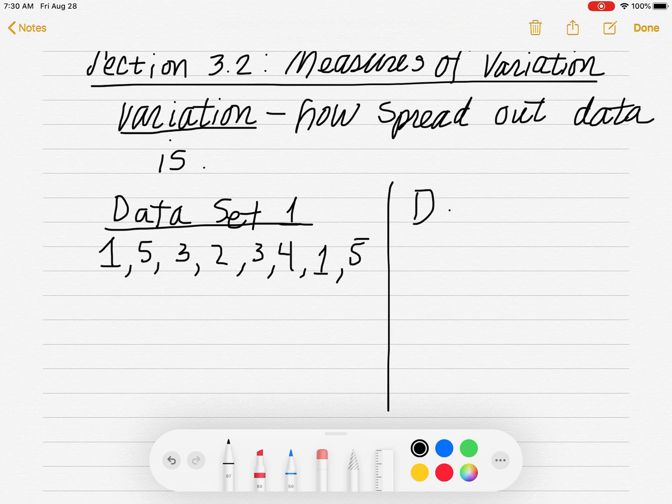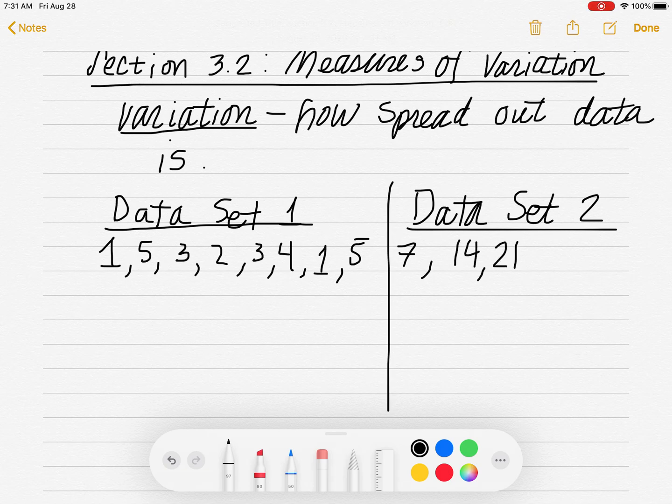And over here I have data set 2. Let's say I have 7, 14, 21, 23, 29, 42, and 10.